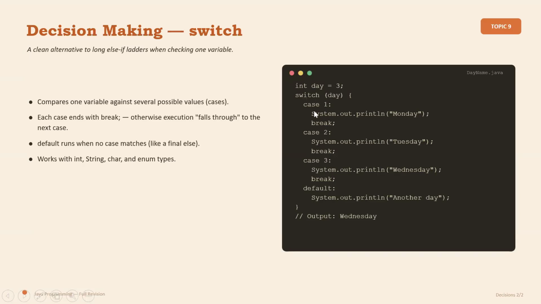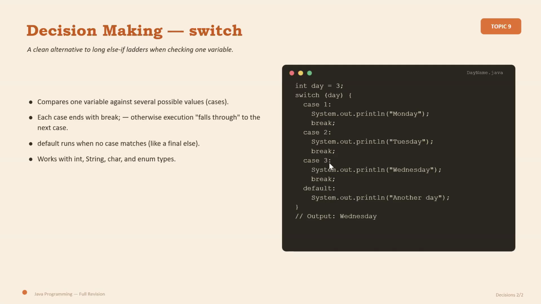This is the structure of a switch case: switch and your variable, and then you will have cases. Case specifies the values to check, break stops execution after a match is found, and default, the last one, runs if no case matches.